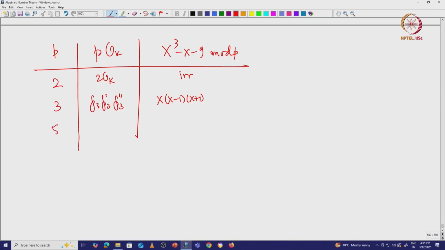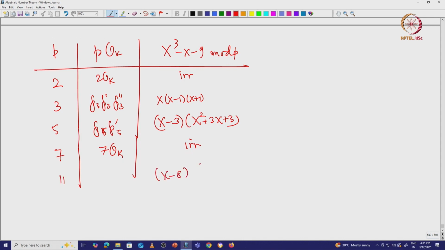If you take 5, then this factorizes as x minus 3 into x squared plus 3x plus 3, and so this is P5 into P5 prime. For 7, this is irreducible, you can check it, and so it is just 7 O_K. For 11, this factorizes as x minus 8 into x squared plus 8x plus 8, and so again it is P11 into P11 prime. And for 13, this is irreducible, so this is 13 O_K.